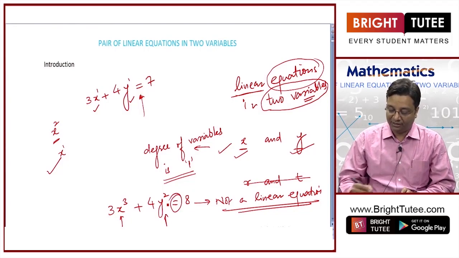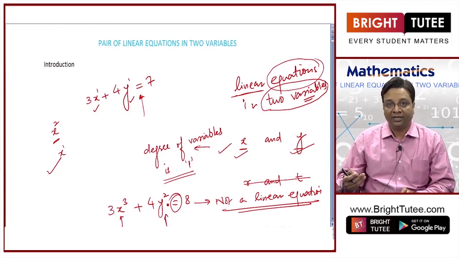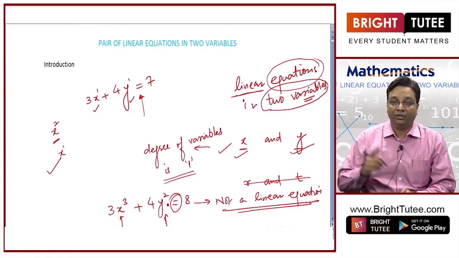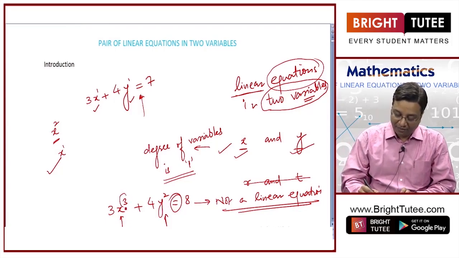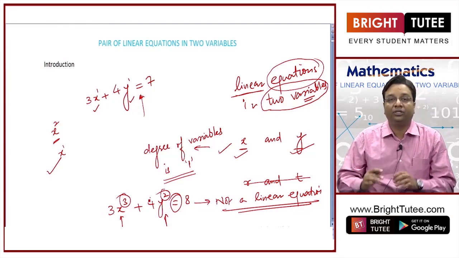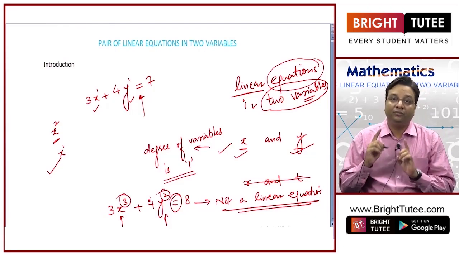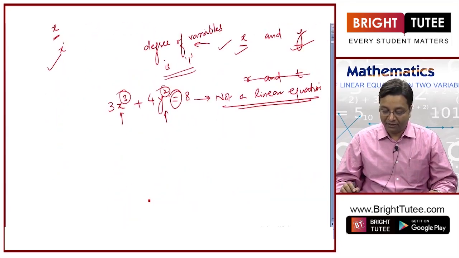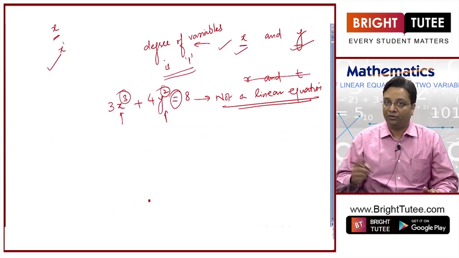It is an equation, so it is an equation in two variables, right? But it is not a linear equation in two variables. For it to be a linear equation, the powers of x and y, or the variables that you choose, should be 1. Okay, there cannot be any other power for x or y.